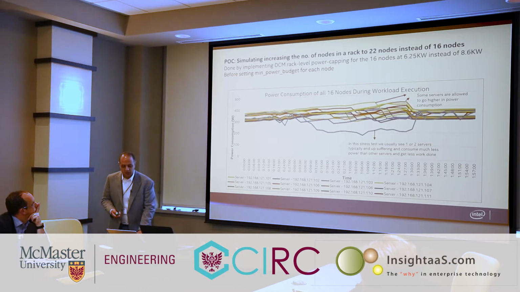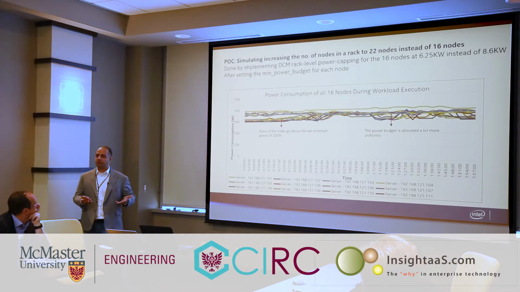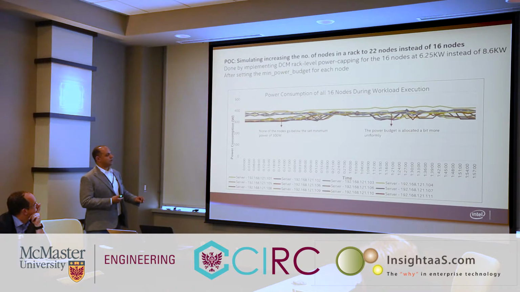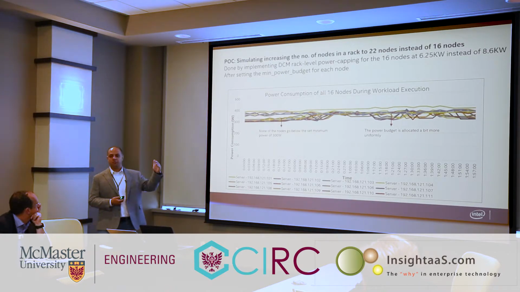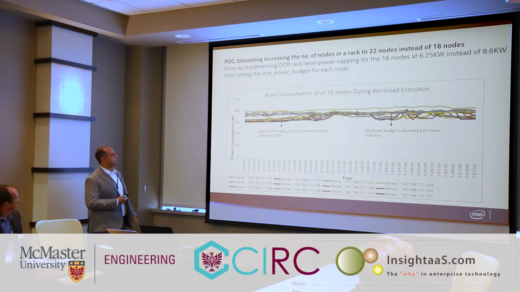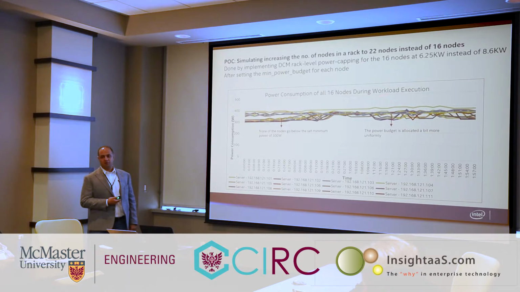So what we ended up doing is combining that with another power policy, which was the minimum power budget, setting that on each node. We told DCM that while your rack should not exceed 6.25 kilowatts, don't let any node go below 300 watts. And that evened things out much more nicely.